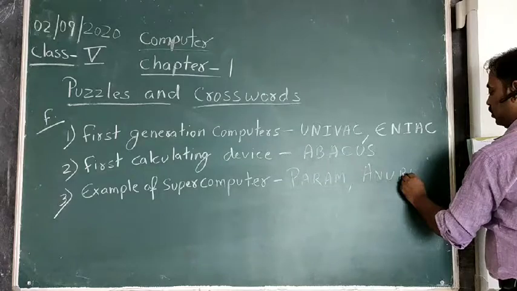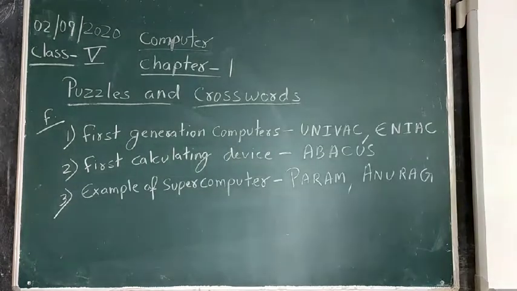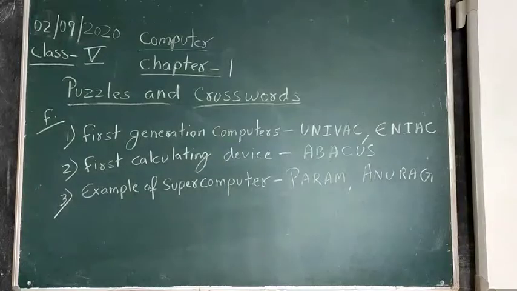So this is the puzzle which is given in your first chapter. If you have not completed it, you can complete it from here and prepare for your exam. Now let's move to the second chapter.